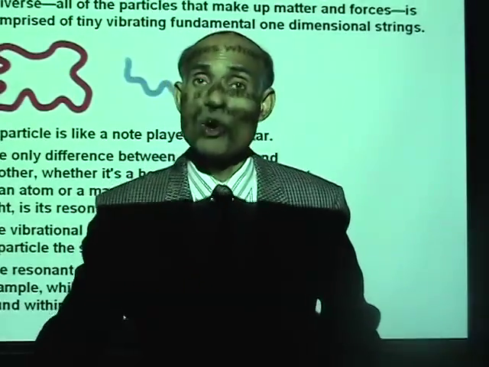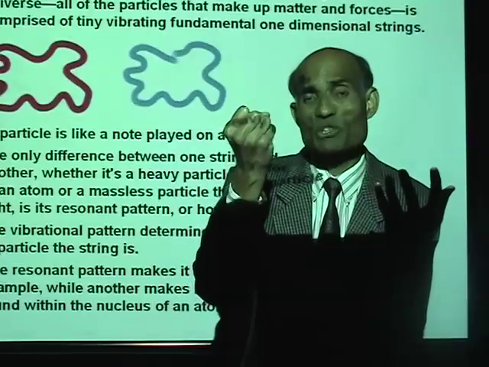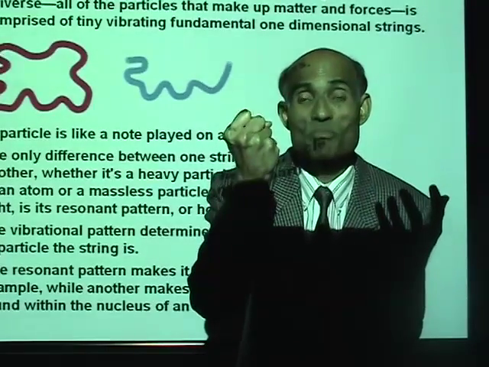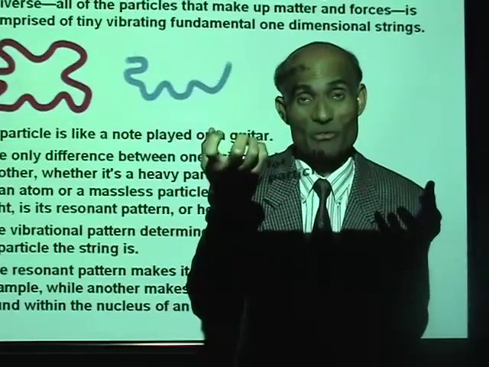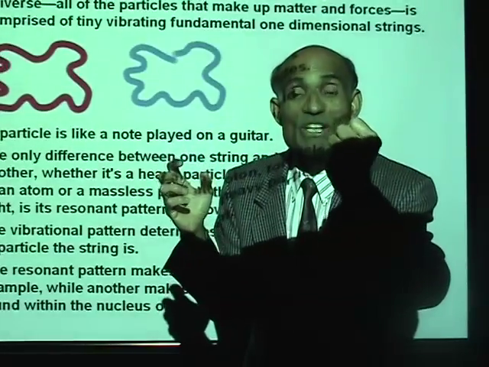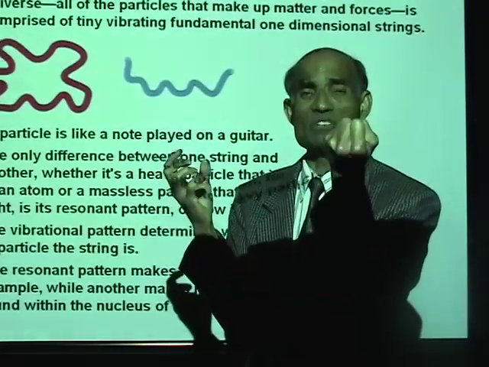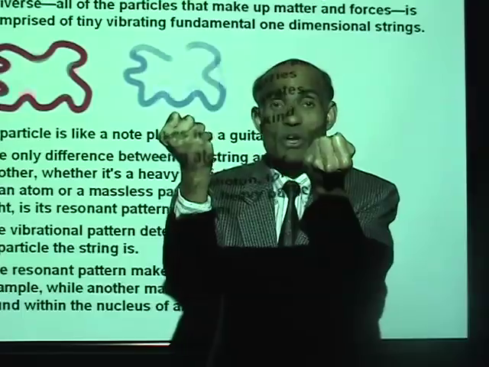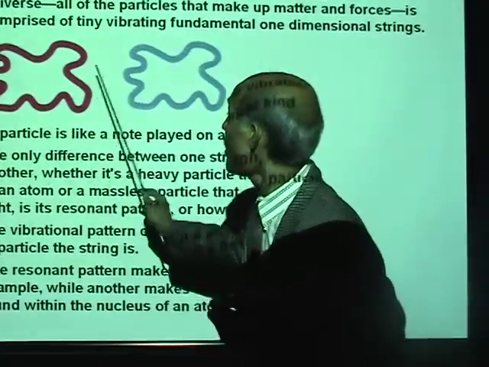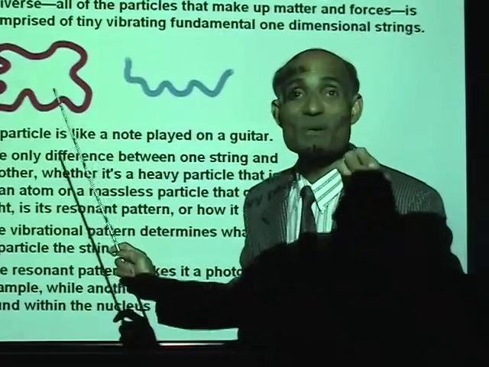You see, normally if you look at the structure of these particles, a particle found in the nucleus, a proton, is a heavy particle that has a mass. A photon is simply a packet of energy. There is no mass. It's a massless particle. But both these particles are different modes of vibrations of the same fundamental string.